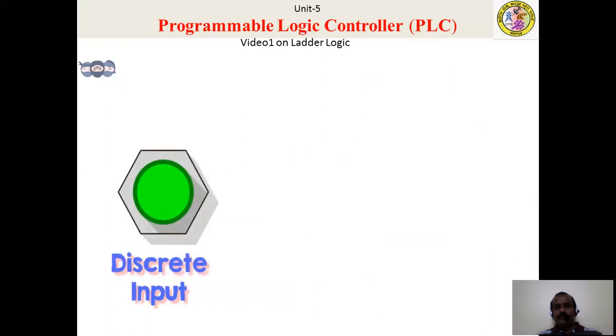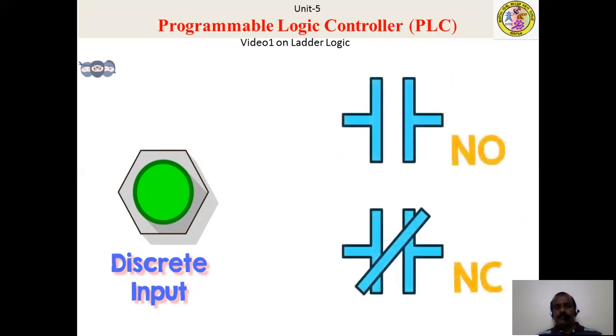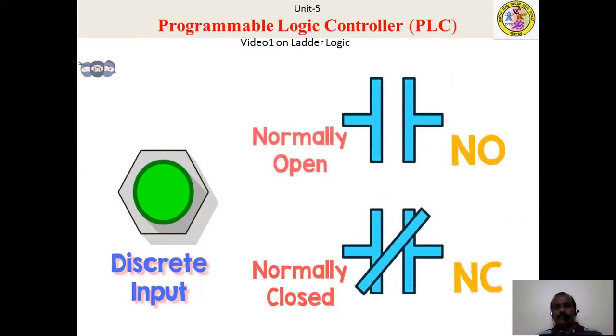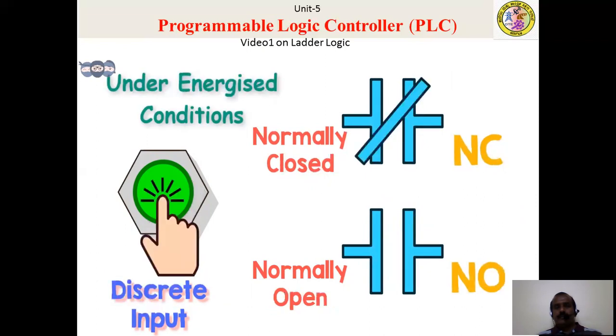The values that these discrete devices can take are NC or NO. NC stands for normally closed contact and NO stands for normally open contact. This means that when the input is not energized, the states will be the ones that are defined. However, if the input is energized, the states of these contacts change.